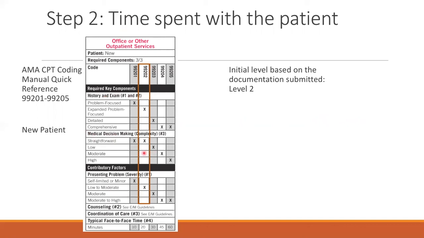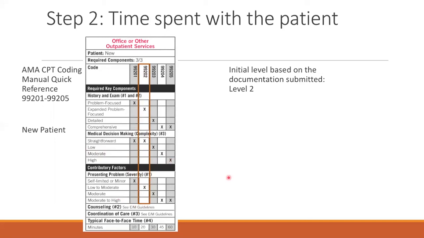Actually, our medical decision-making was a moderate because we had to backfill that to a 2. So the most appropriate code, since physical exam and medical decision-making were aligning, we would backfill the history back, and we would actually choose a 99202 as the most appropriate code for medical decision-making, even though we spent 30 minutes with the patient.